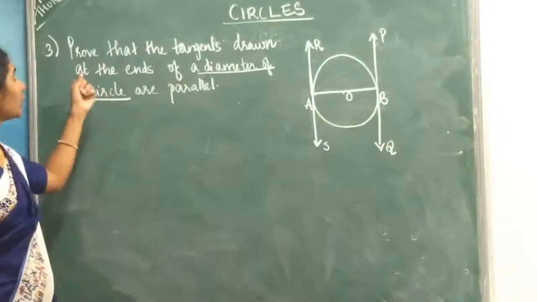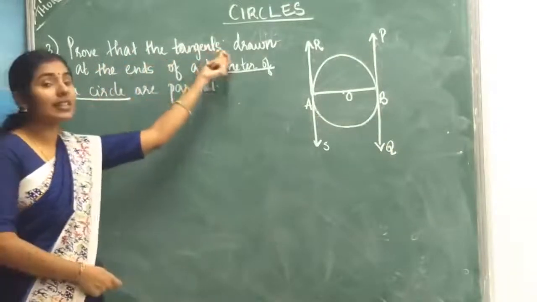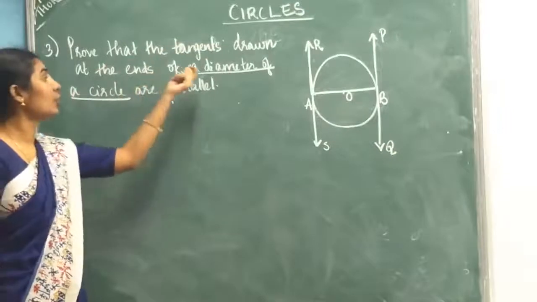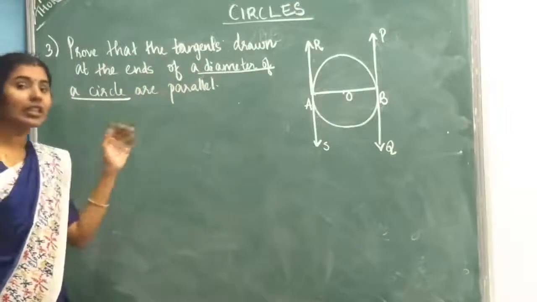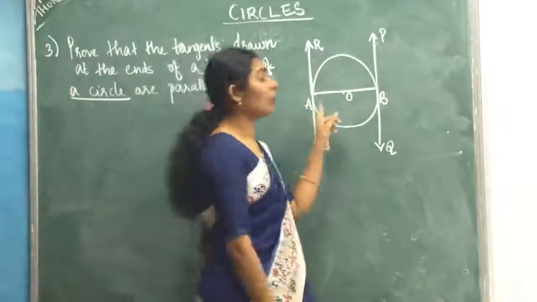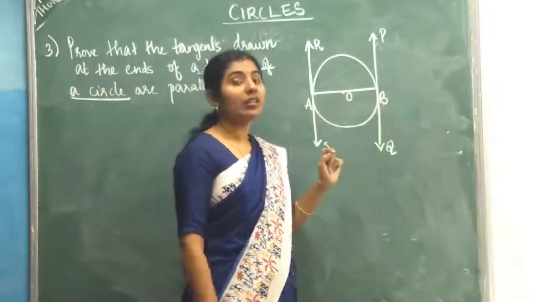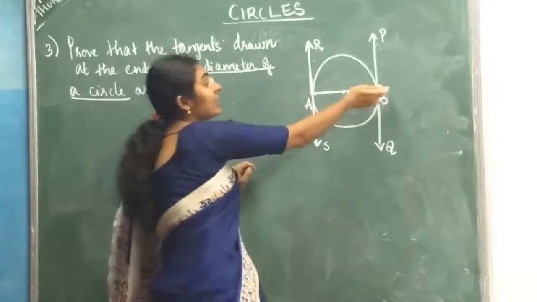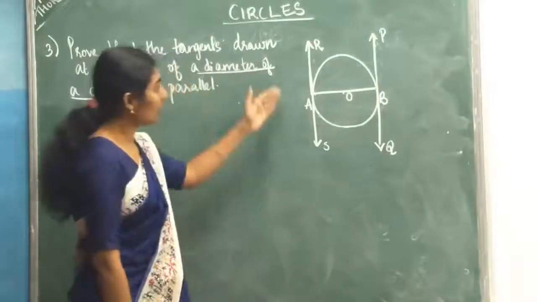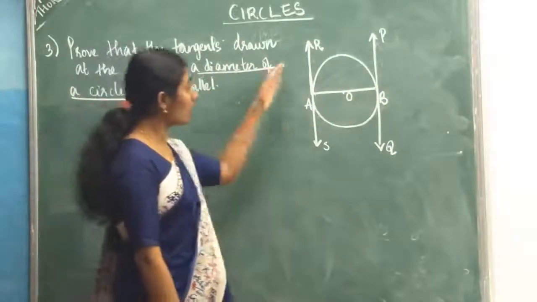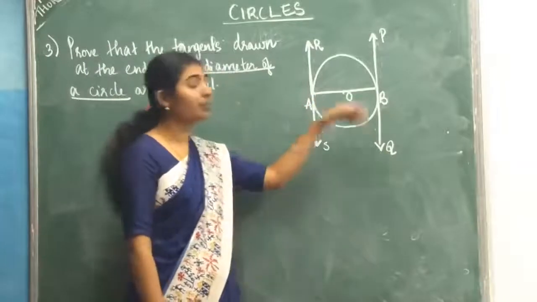Again you read the question. Prove that the tangents drawn at the ends of a diameter of a circle are parallel. Till then you understood? So first of all, draw one circle, its center is O, draw its diameter and draw two tangents at its ends. Give the names for the tangents. So I am giving here the names RS and PQ.